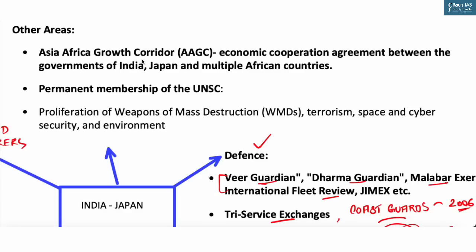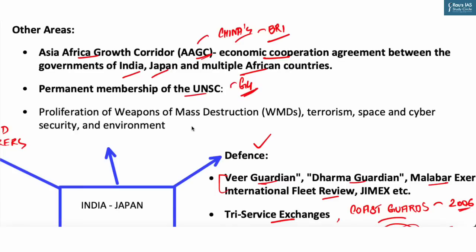In this, first is the Asia-Africa Growth Corridor, which is a collaborative effort to soft balance China's Belt and Road Initiative project. This corridor is an economic cooperation agreement between the governments of India, Japan, and multiple African countries. Also, Japan and India are part of the G4 Club besides Brazil and Germany, demanding permanent membership of the UNSC.